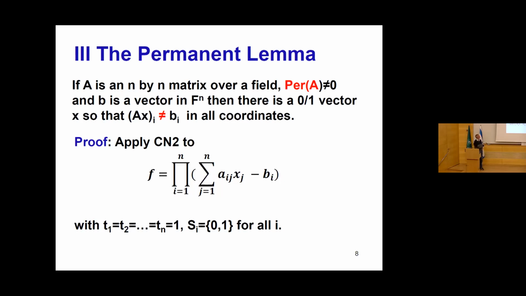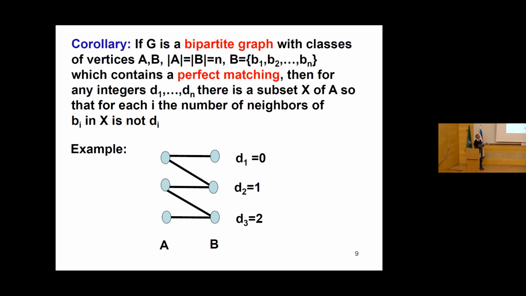Let me mention some maybe entertaining application of this. Suppose we have a bipartite graph with classes of vertices A and B, each of size n, and this bipartite graph has a perfect matching. You see an example here of such a bipartite graph. Suppose that for each vertex of B, we have some integer, d1, d2, up to dn, which we call forbidden degrees.